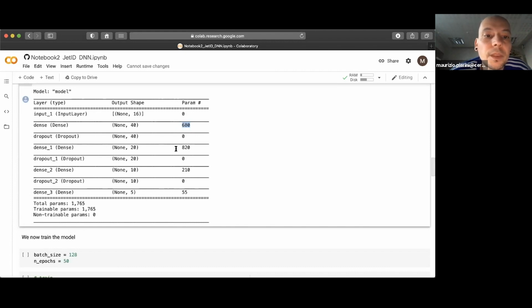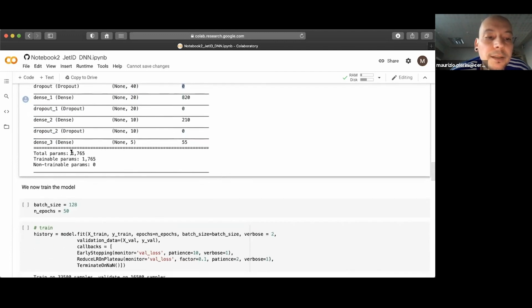Right. So 40 times 16 is the weight parameters, and then another 40 for the biases. Dropout has the same dimensionality, but it has no parameter, because dropout doesn't have any learnable parameter. It's just some manipulation of the tensor. And then you keep going for a total of 1,765 parameters, all of them learnable.